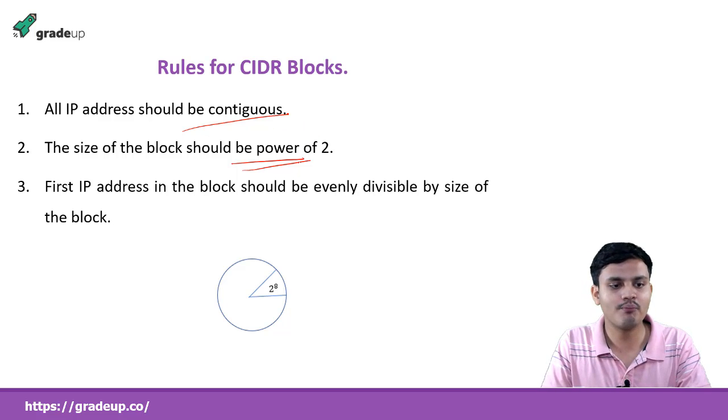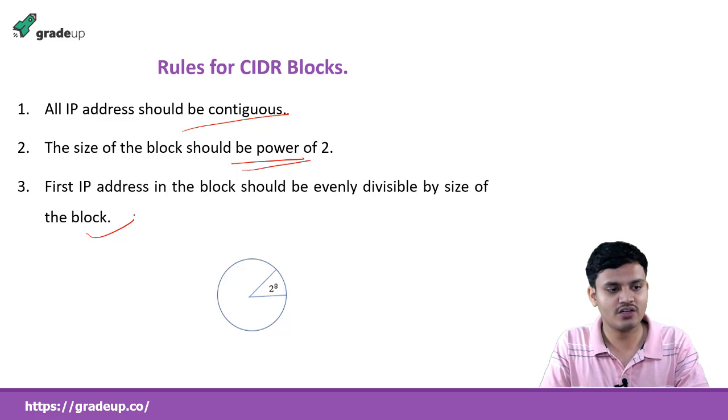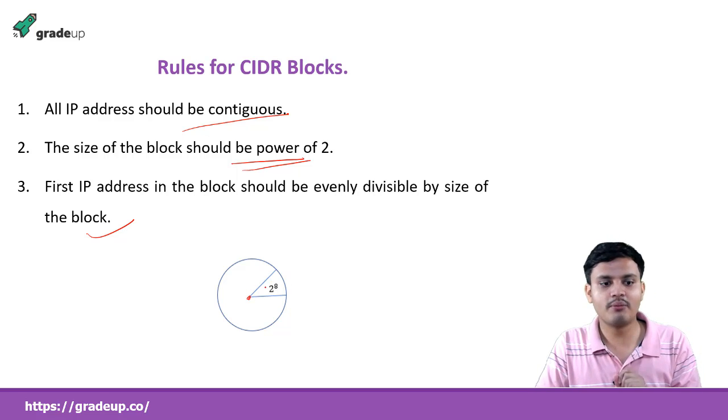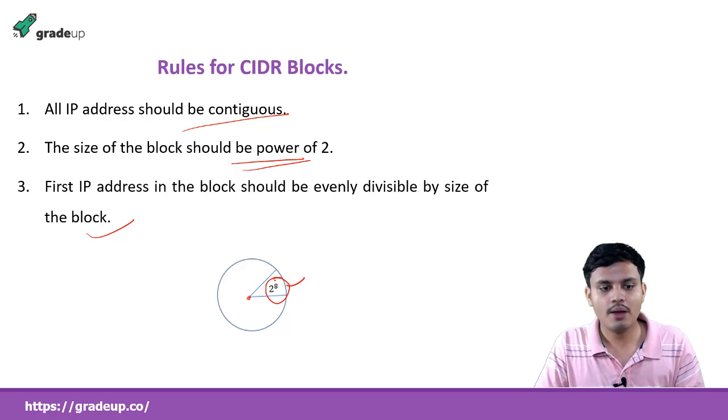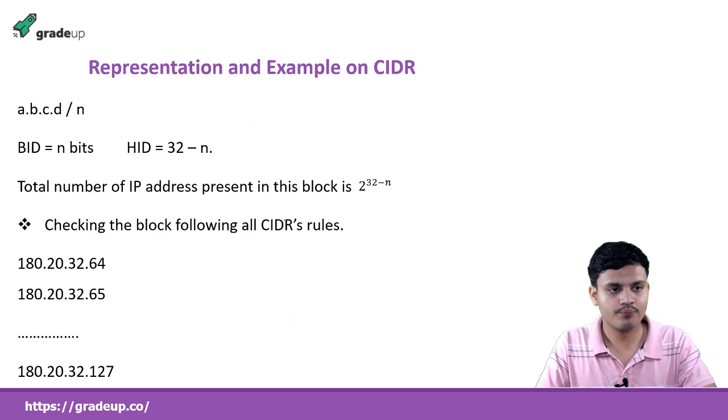And the third rule is that the first IP address in the block should be evenly divisible by the size of the block. I will tell you the third rule with an example, then you will understand what it means. So you can cut it for any requirement, but it should always be in a power of 2.